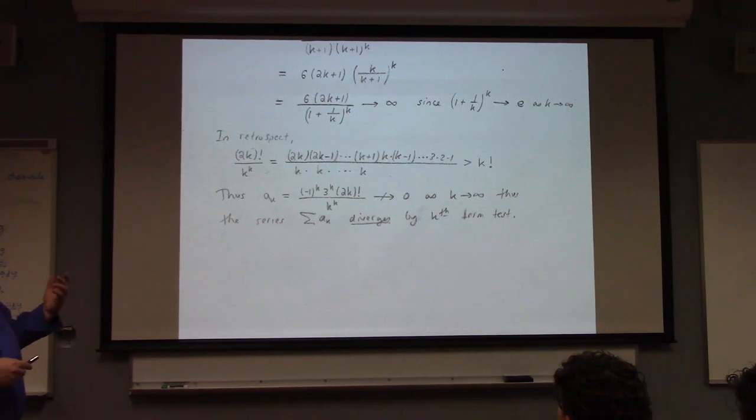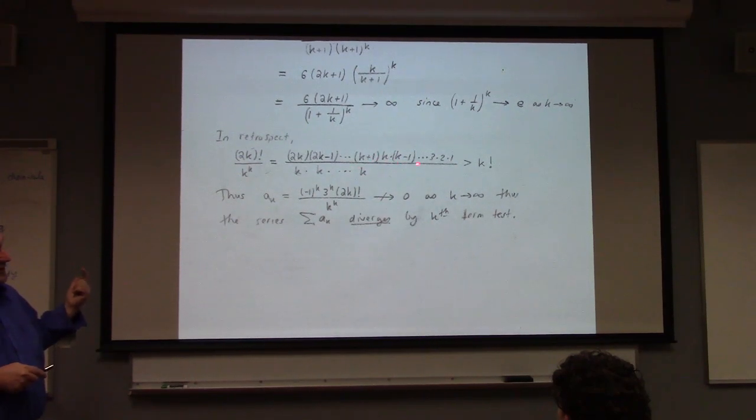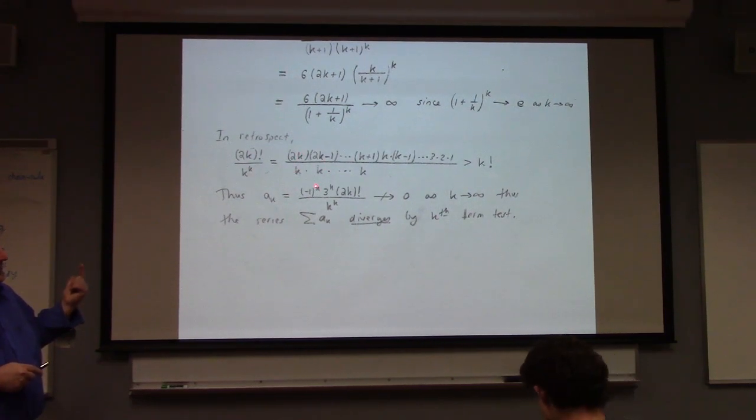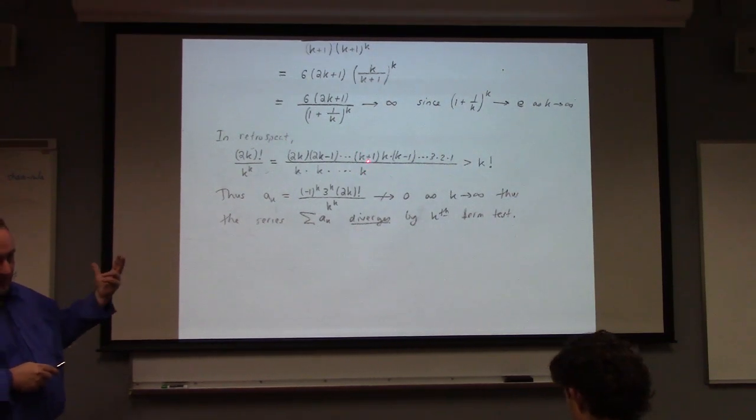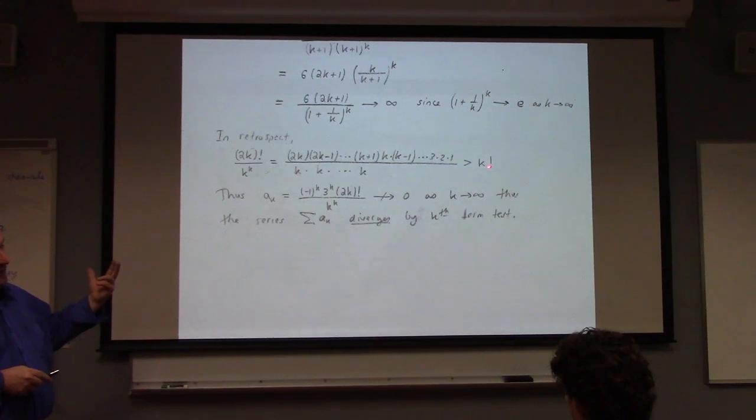You could have just looked at 2k factorial over k to the k. You have a bunch of k's, 2k all the way down to k plus 1, and then you have a k factorial left over. If I divide by 2k minus 1, divide by k plus 1, I'm making the denominator larger, which makes these all cancel out to 1 and leaves just the last bunch, which is k factorial.